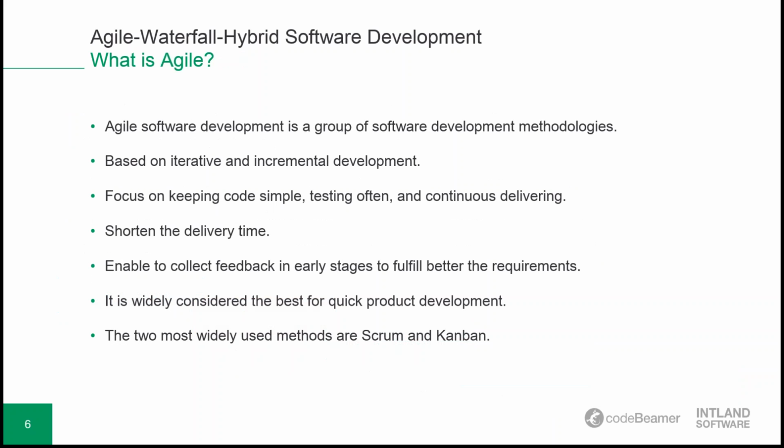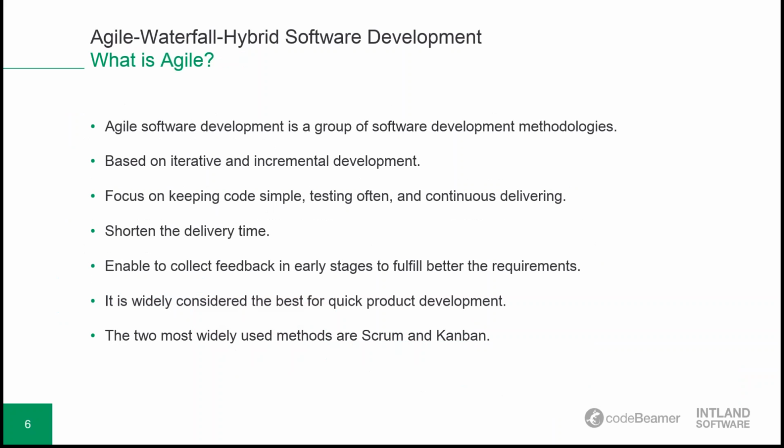And on the other hand, Agile is very different. Agile software development comes from the 60s. It is a group of software development methods in which requirements and solutions evolve through collaboration between self-organizing cross-functional teams.